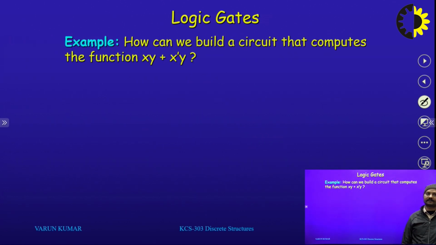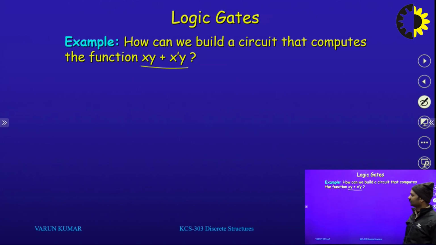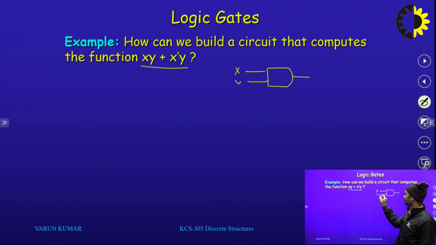So how do we build a circuit that computes x dot y plus x bar y? We can use our basic gates and design this particular Boolean function. For x dot y, we take input x and select an AND gate, and the second input is y.